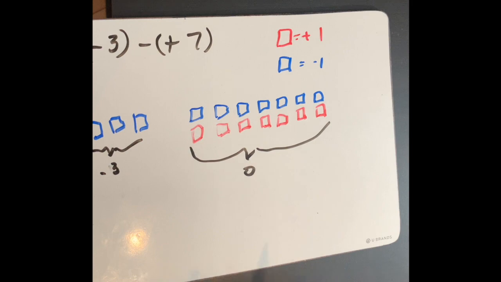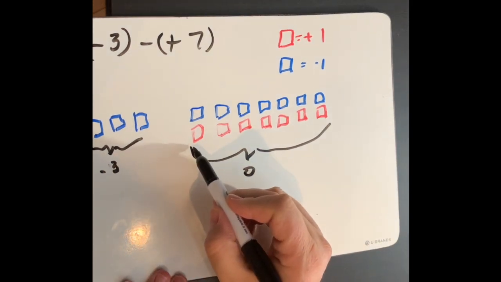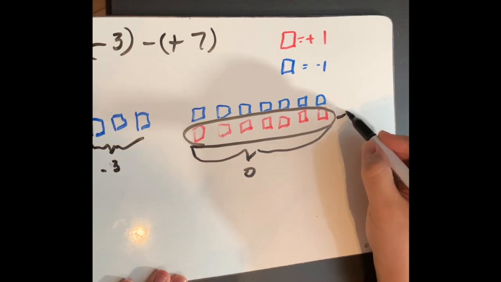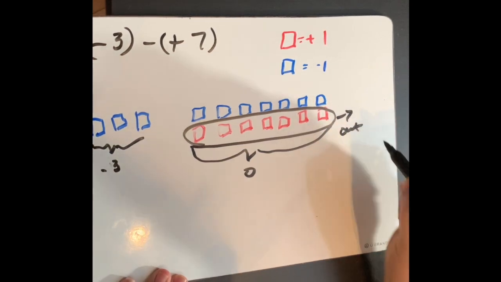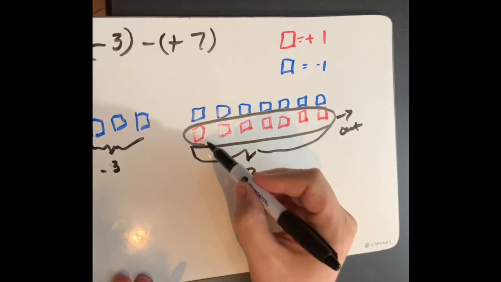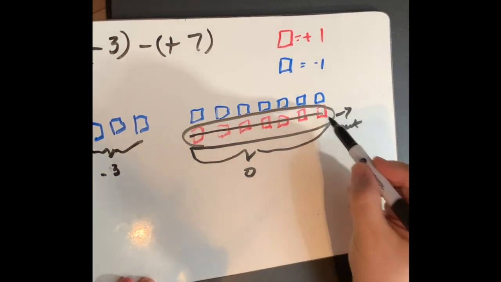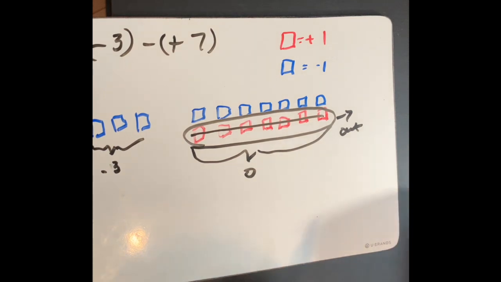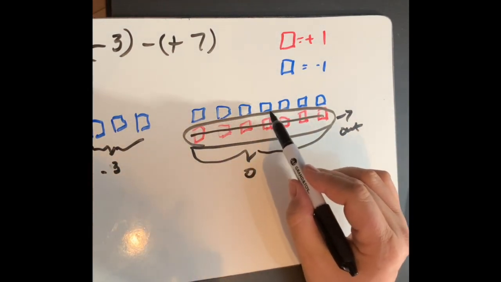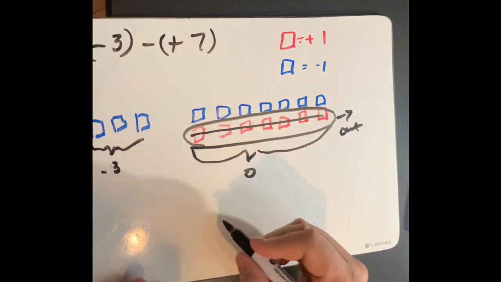So now I'm going to take my 7 red squares out. Take those away. They go out. And I am left with all of these blue squares. So you can see I have 1, 2, 3, 4, 5, 6, 7, 8, 9, 10 blue squares.